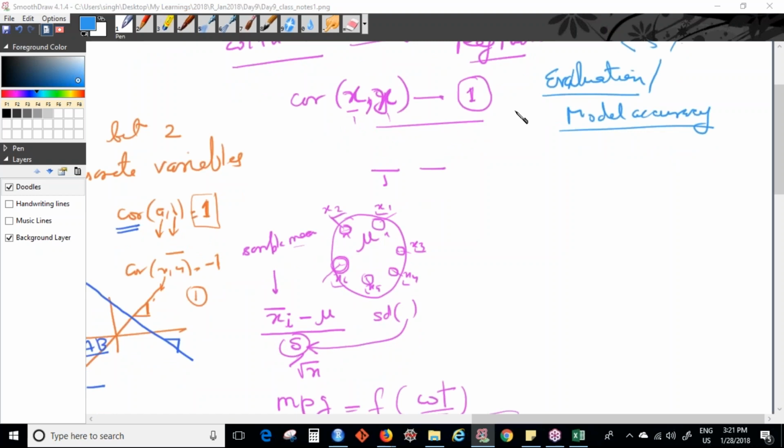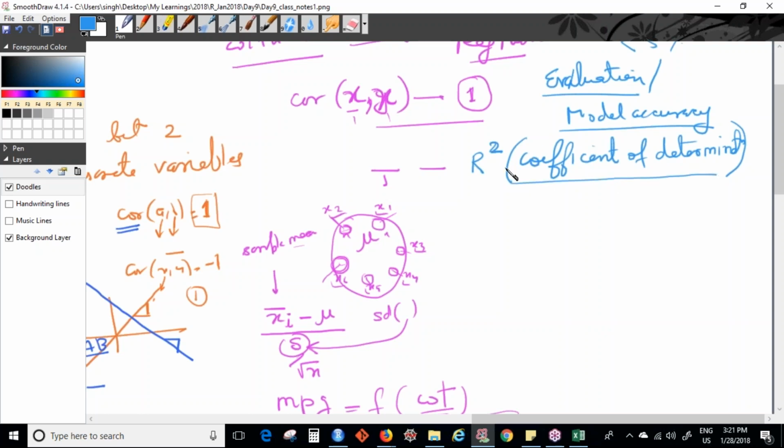So to check the accuracy of a model, we have a parameter called r square. Capital R square, which is also known as coefficient of determination.